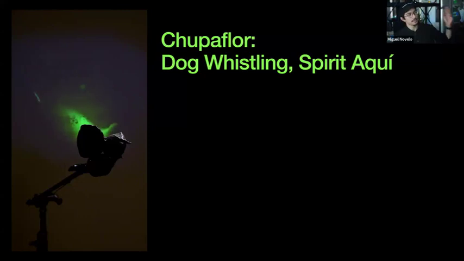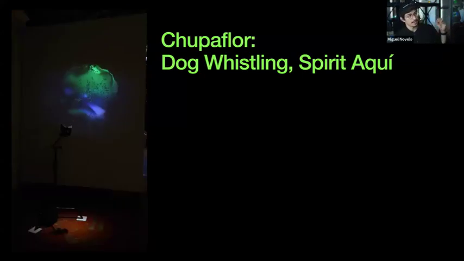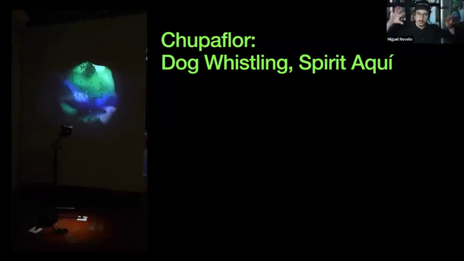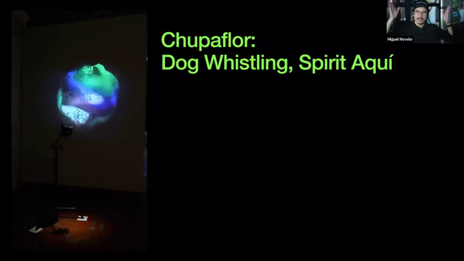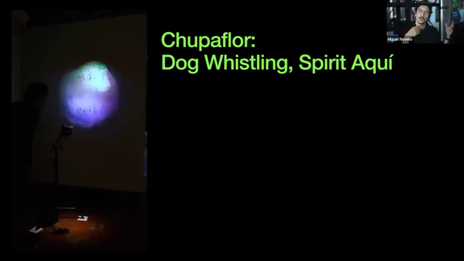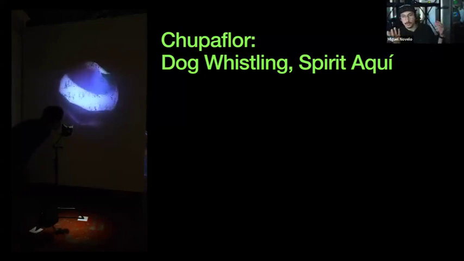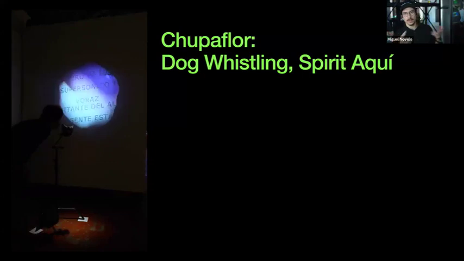There's also a particle system that has different poems, and they keep changing every time. The hummingbird, which has wings that became ears, holds a microphone where you speak or whistle in order to get the message.